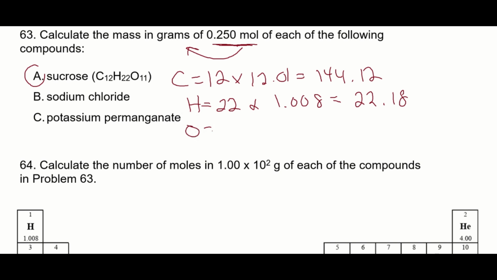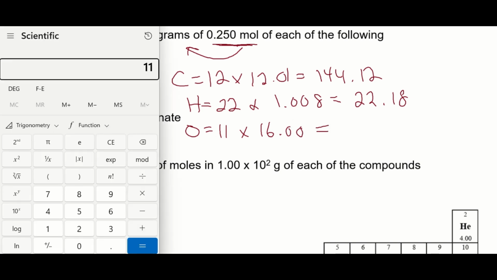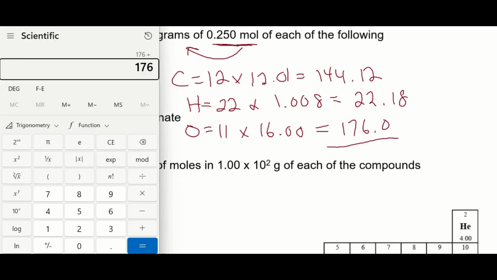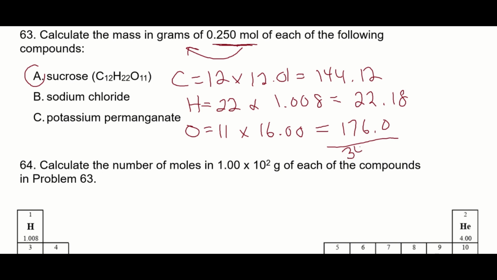And then for oxygen, there's 11 of them, and the molar mass for oxygen is 16.00, giving 176.0. Let's add these up. So the molar mass for sucrose is 342.3 grams per mole.